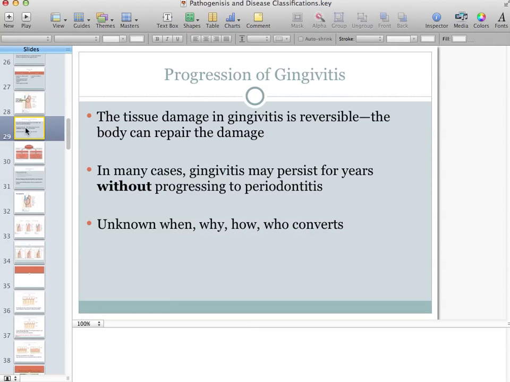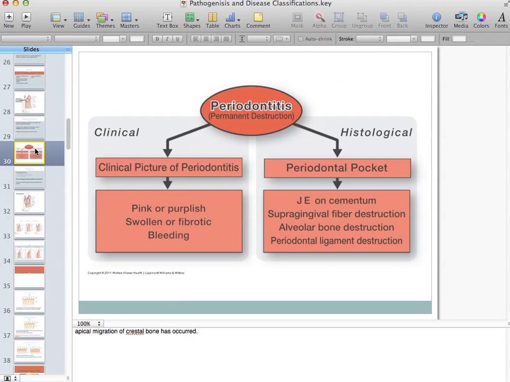So, progression of gingivitis. The tissue damage is reversible, but in many cases, it can turn into periodontitis, but sometimes it doesn't. Sometimes gingivitis lasts for years and we don't know why. Okay, now periodontitis. So remember, you have health, gingivitis, periodontitis.